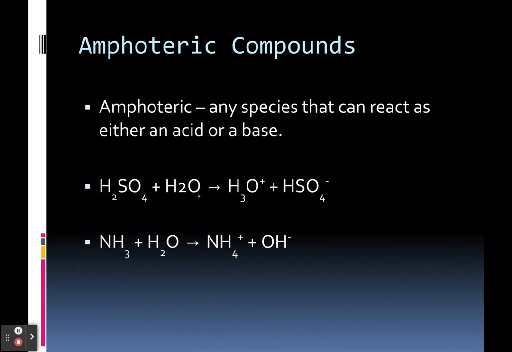The one that has the least amount of hydrogens out of these two is just water, so that would be our base. Down here, H2O would be paired up with OH negative, and of those two, water would have more hydrogen, so that would be the acid. So we can see that water can be an acid or a base. This is what's called an amphoteric substance.